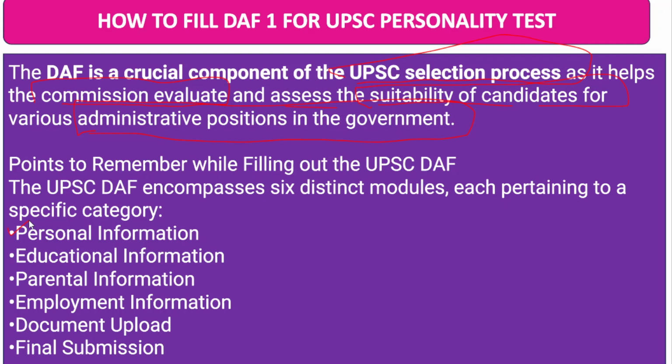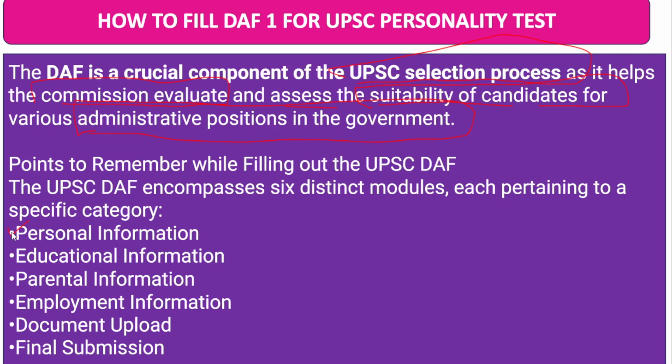These interests, hobbies or extracurricular activities are generally not asked after the prelims examination, but if you clear the mains examination, UPSC will ask you to fill in those extracurricular activities. So the personal information is also very important.